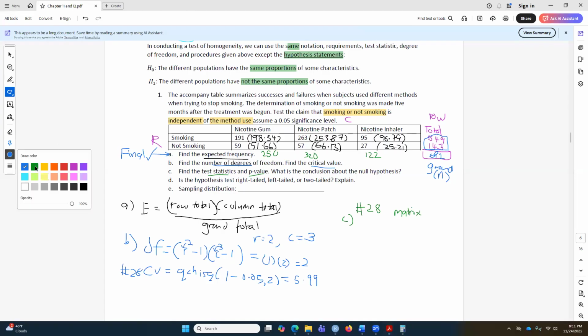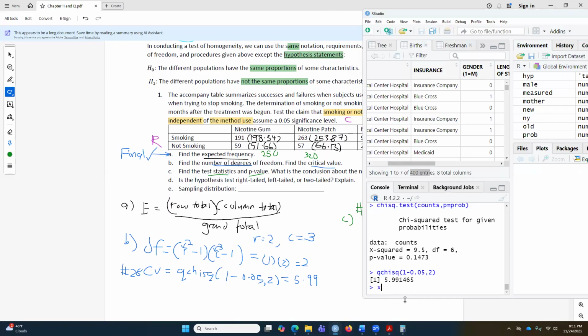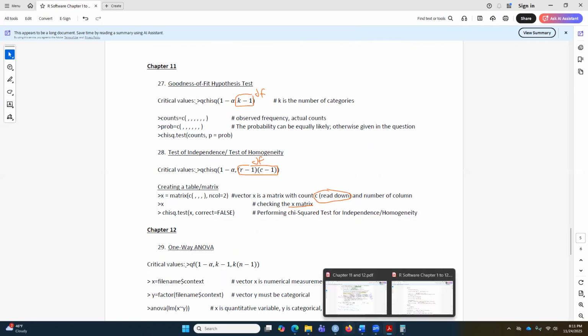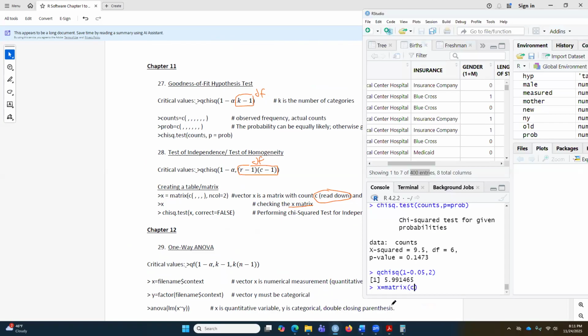So in this case, first thing is you build a matrix in your RStudio. Make sure you put X equals matrix. It's an X, not C. Then open your parentheses and then C, and then opening another parenthesis. So C means numbers.